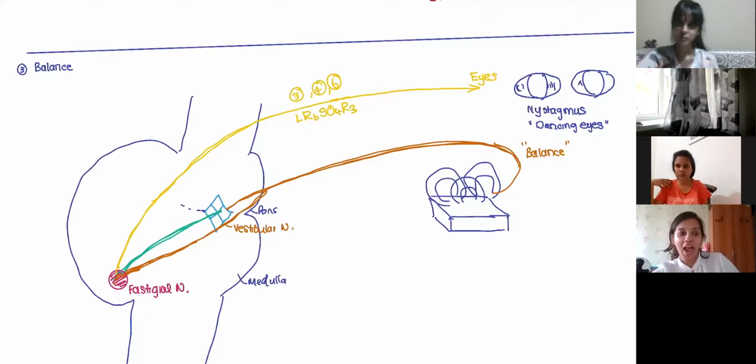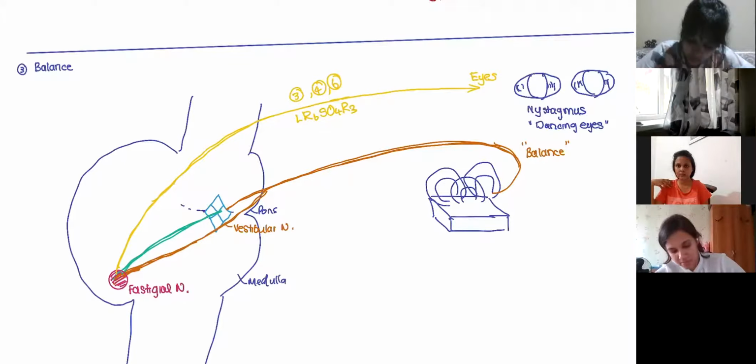I'm going to send you guys an image on the group. Just check it so you have an idea of what nystagmus is.